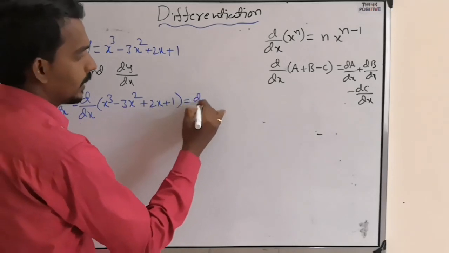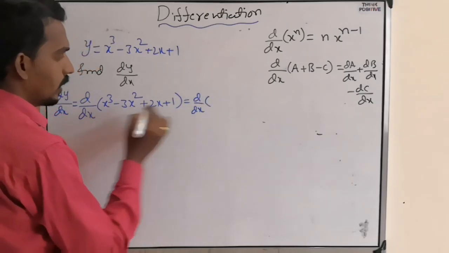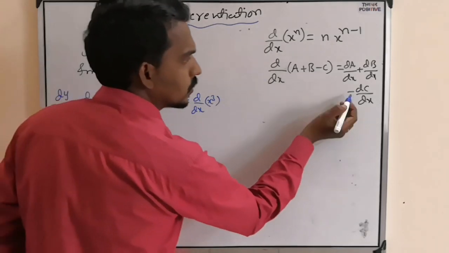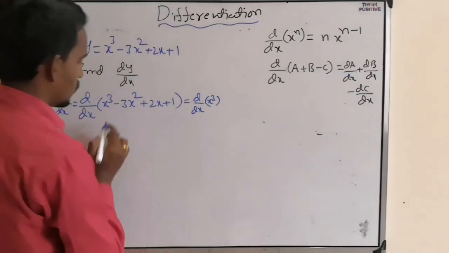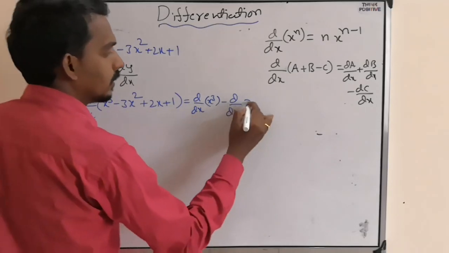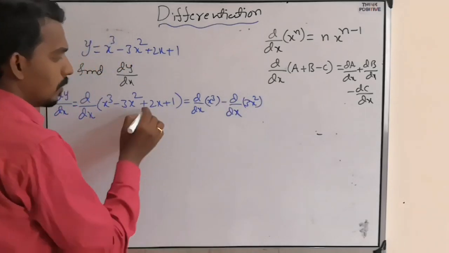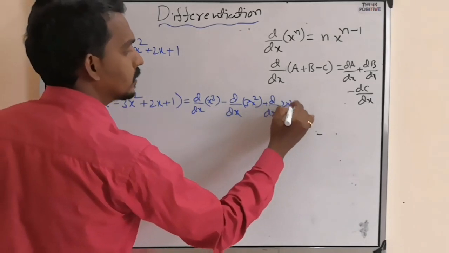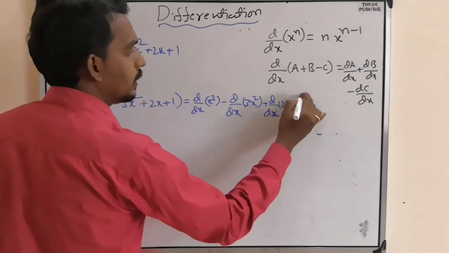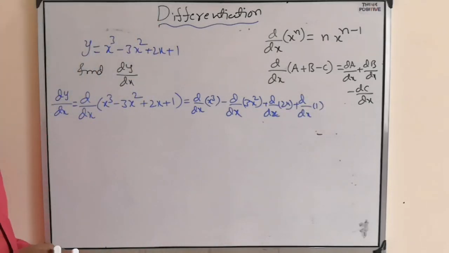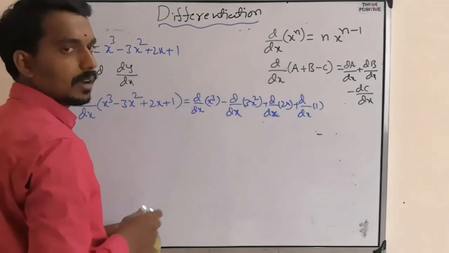Like d by dx of first one, x cube. Minus means you write minus, plus means you write plus. So here minus d by dx of 3x square plus d by dx of 2x plus d by dx of 1. Expansion.